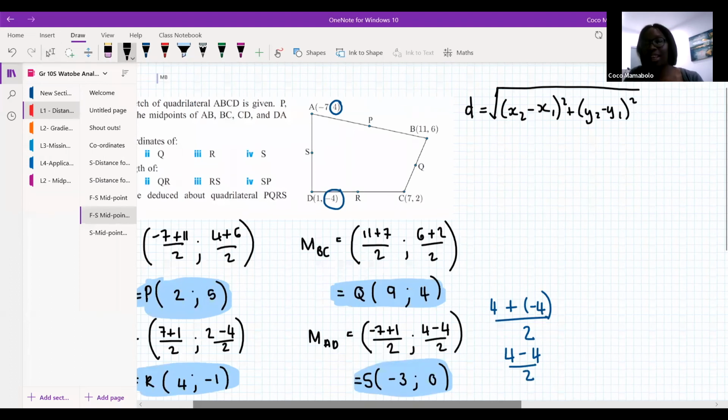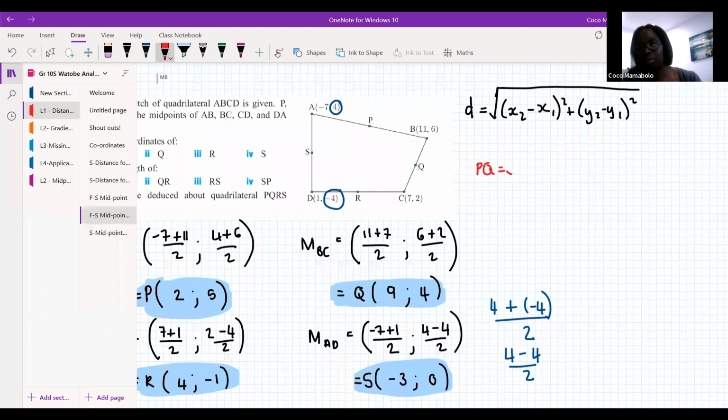There we have another 5 square root 2. Okay, PQ is equal to the square root of 9 minus 2 squared plus 4 minus 5 squared.